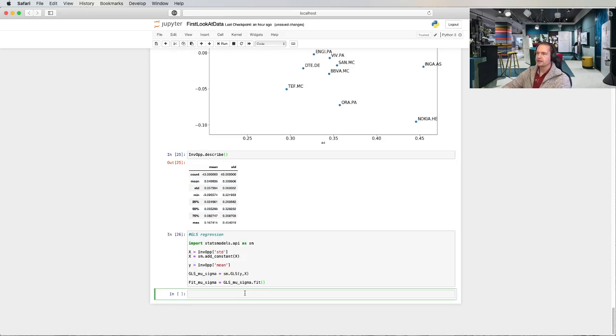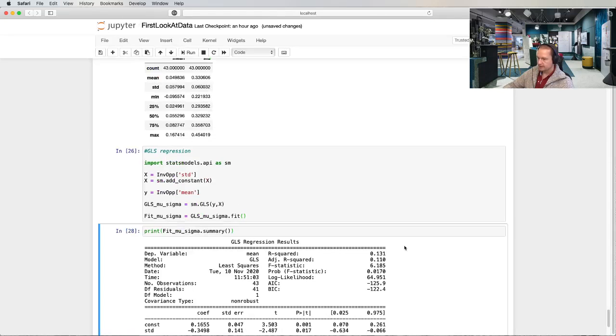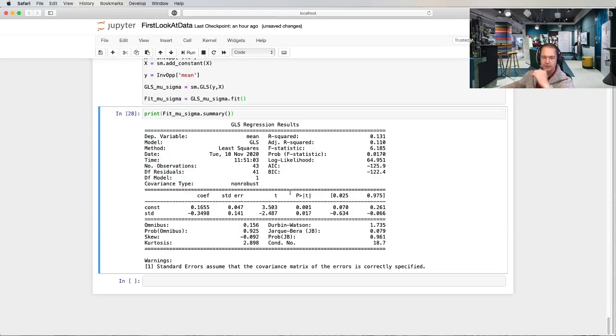All right, yeah, so that I delete again. What I want is to print the statistics, the regression table, fit mu sigma dot summary. Boom. Let's just magnify it. So what do we see? We see the dependent variable is the mean.